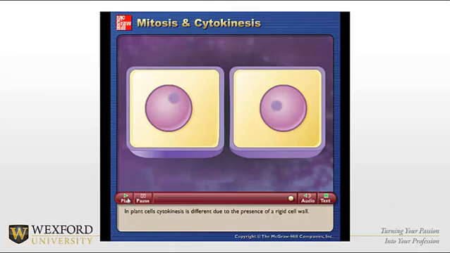And then mitosis and cytokinesis, PMAT: prophase, metaphase, anaphase, telophase. What happens in each of those steps and how we're actually going to separate this DNA to ensure, here's the important part, that we have two identical daughter cells.